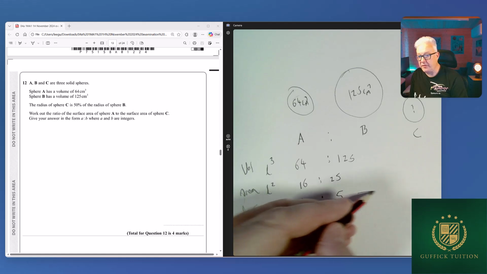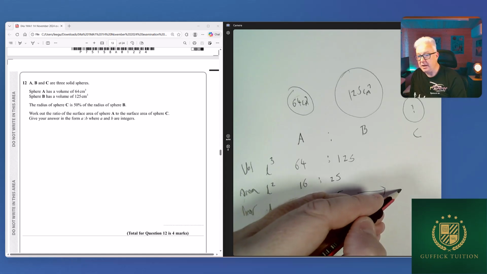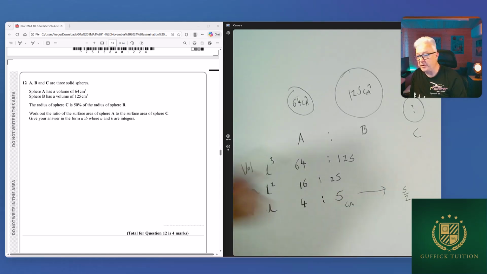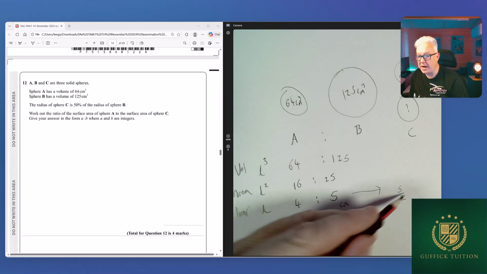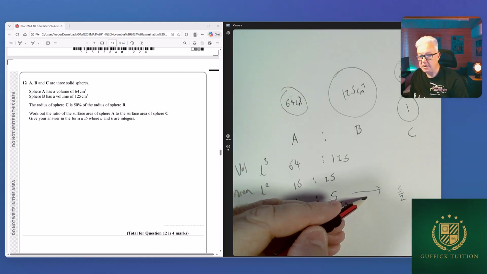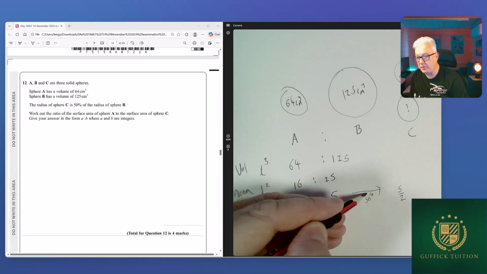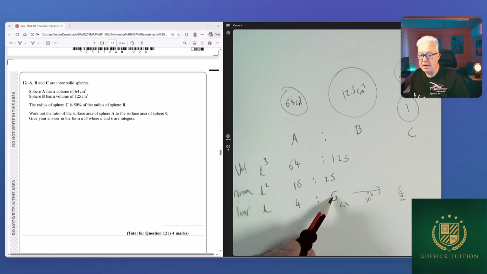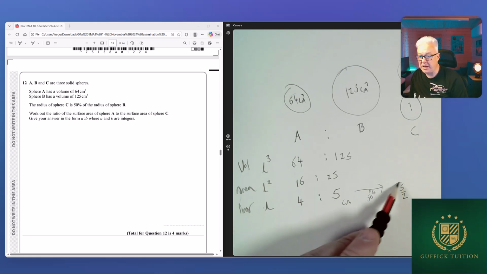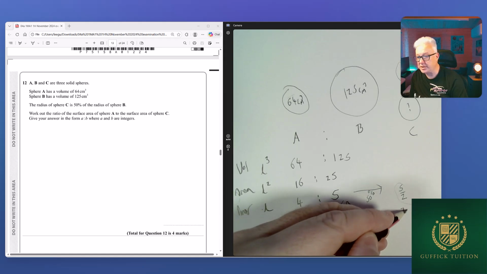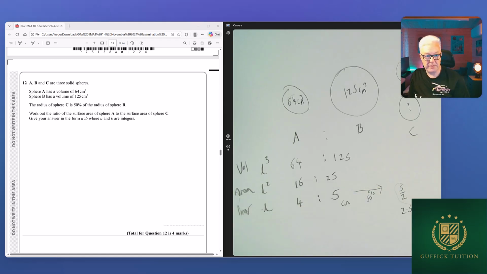If we want 50% of that, it's 5 over 2, which is therefore the radius of C. So 50% reduced means the radius of sphere C is 5 over 2, or in other words, 2.5 centimeters. And we've got to work out, what does it say? It says work out the ratio of the surface area of A to the surface area of C.